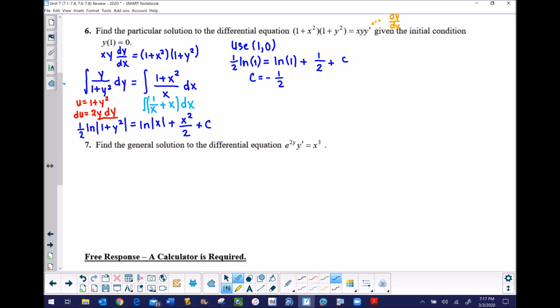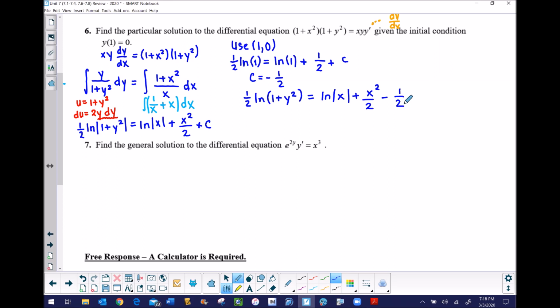So now the next question that we need to address is, do we solve for y? Well, let's go ahead and replace the c first and then take a good look at what we have. Now here I'm going to live life on the wild side, and I'm not going to write the absolute values because I don't need to. And then over here, if I replace the c with -1/2, I'm going to be looking at something like this.